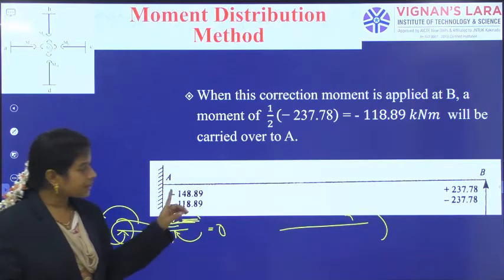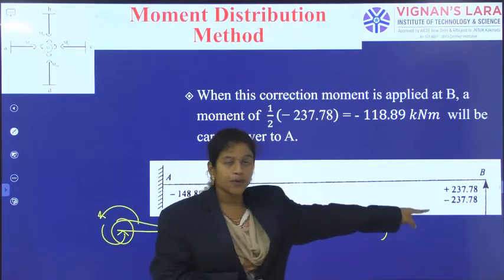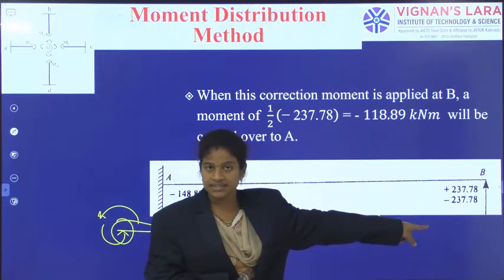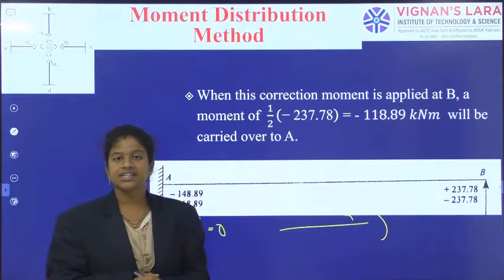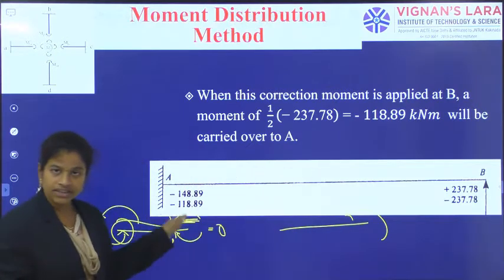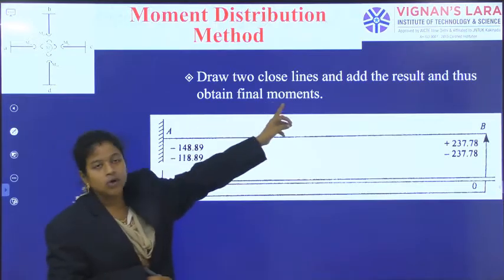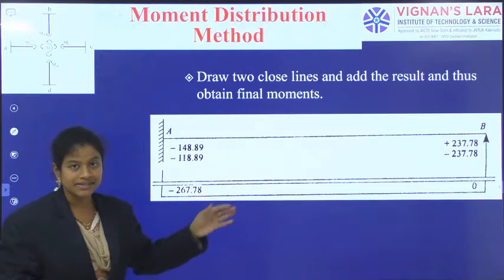Now, after giving the simply supported end answer, there is a finalization. We should sum up whatever the things are happening. Now, draw two closely spaced lines and then we should add the results.